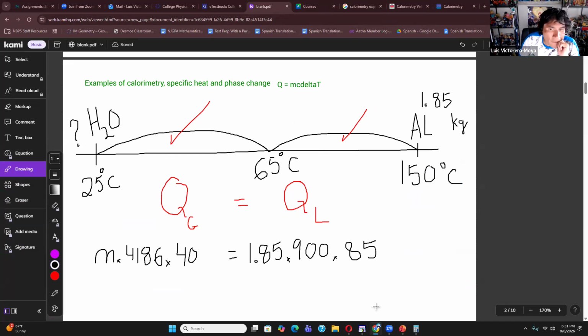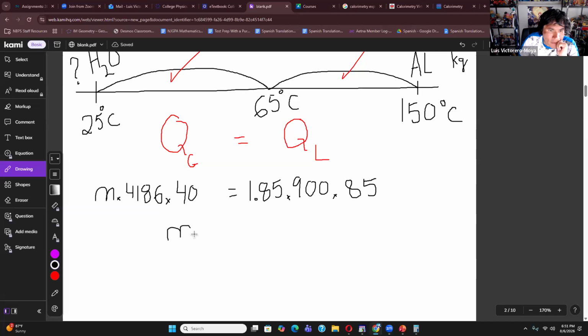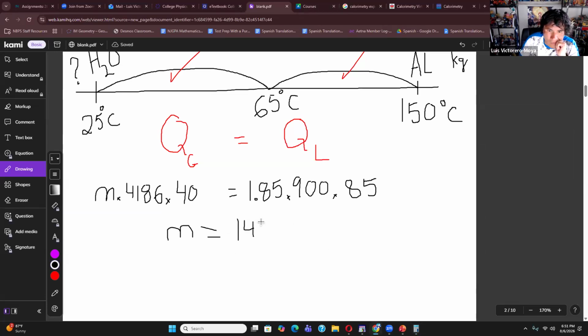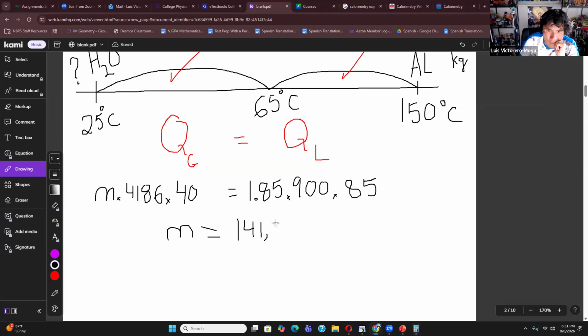All right, so my mass is this divided by this.